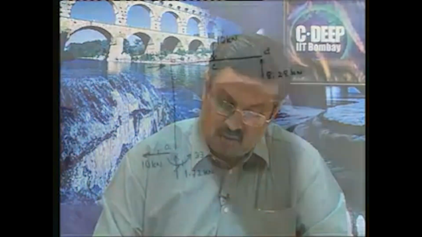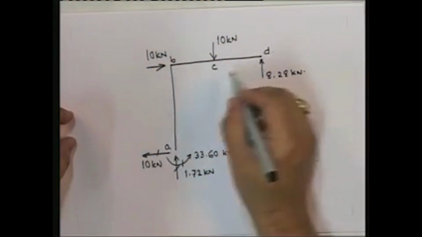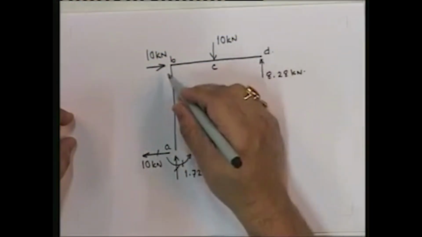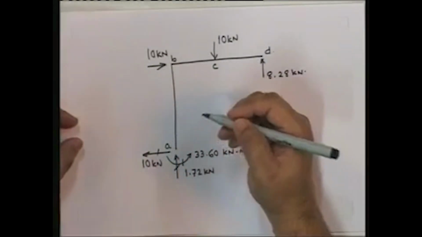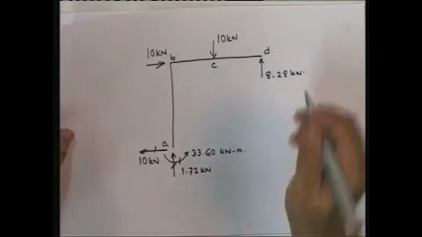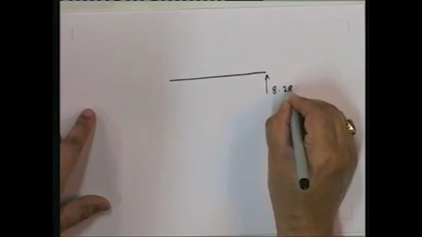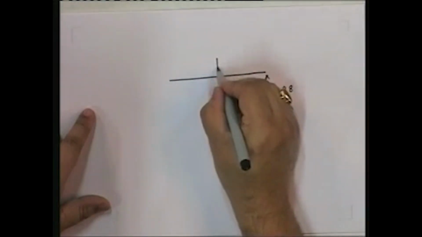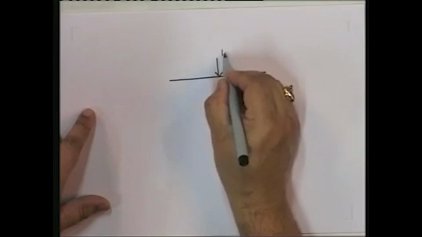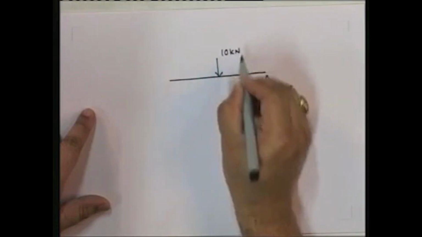Let me just see how will I draw the bending moment diagram. Let me go piece by piece. Let me go in this particular case. So I'll take BCD, I'll separate out BCD and AB separately. So if I do separate out, then what are the things that I generate? If I take out BCD, okay, this is 8.28, this is 10.